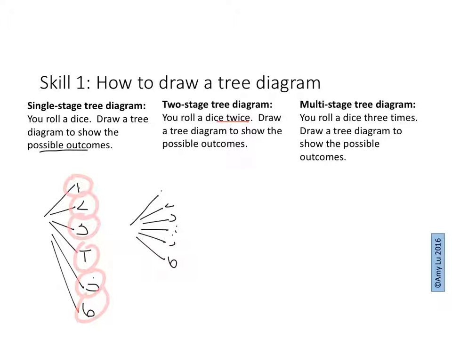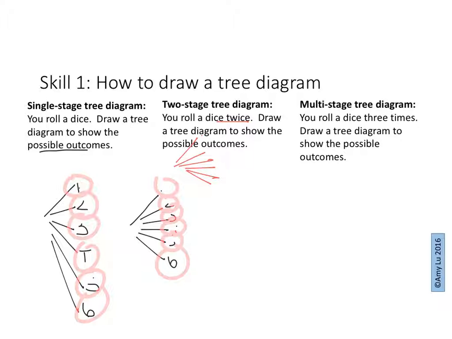In the first outcome, you have a possibility of rolling a 1, 2, 3, 4, 5, or a 6. Now, when you roll the dice the second time, the outcomes are still the same. There's no change. So we branch off of each number from the first outcome. If you roll a 1 and you roll the dice again, then in your second outcome, you can get a 1, 2, 3, 4, 5, or a 6.